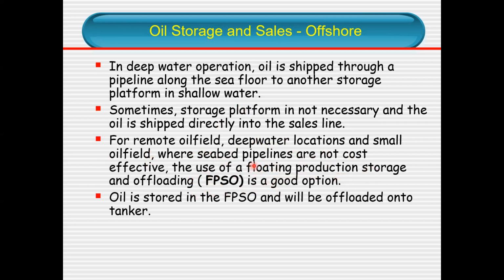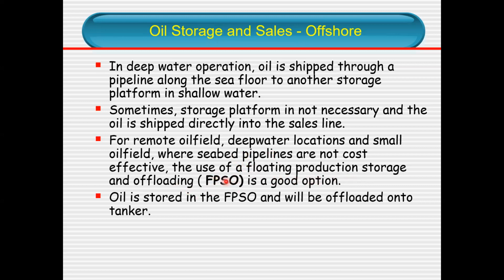If the platform is located 200 kilometers away from onshore, for you to build pipelines 200 kilometers to onshore, if you don't see the economics of it, definitely they won't put a pipeline. They would rather go for the option of FPSO, floating production storage and offloading.